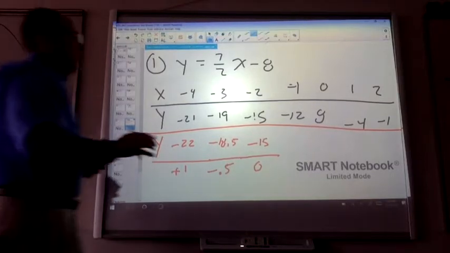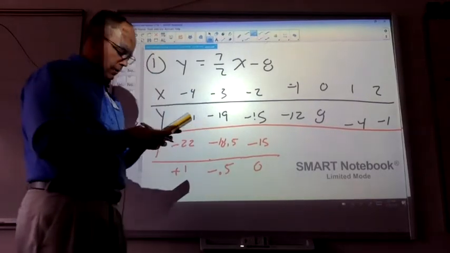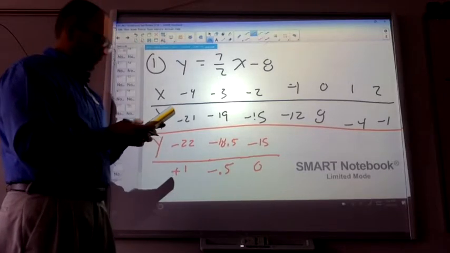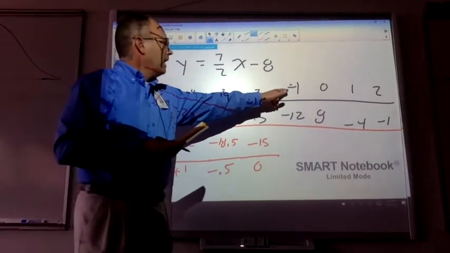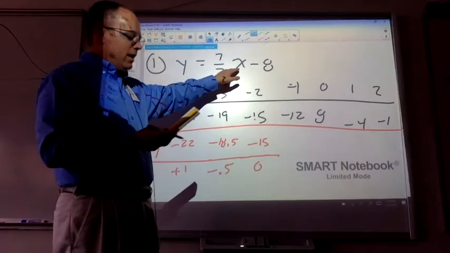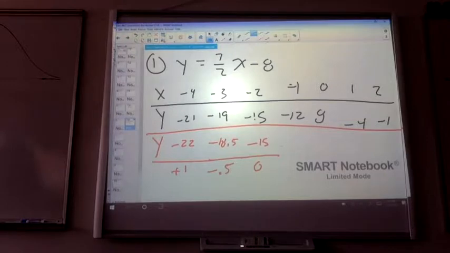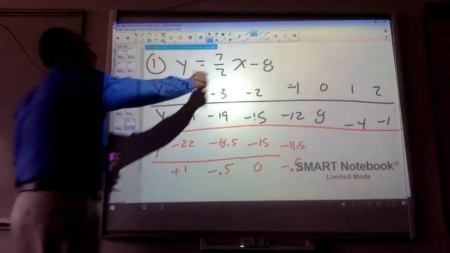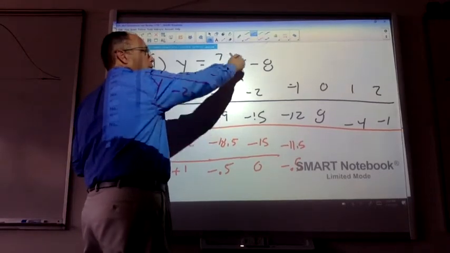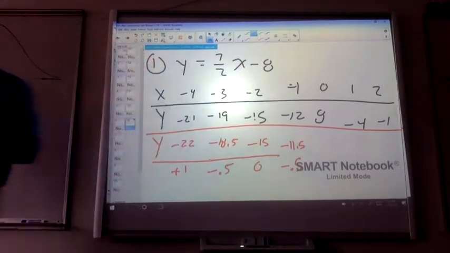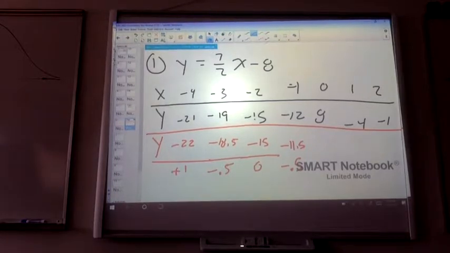Okay. Let's take -1 and plug it in. If I plug -1 in here, I get -3.5. -3.5 minus 8 is -11.5. So that gives me -0.5. And then if I plug 0 in, 7 over 2 times 0 is 0. 0 minus 8 is negative 8. That should have been a negative already.